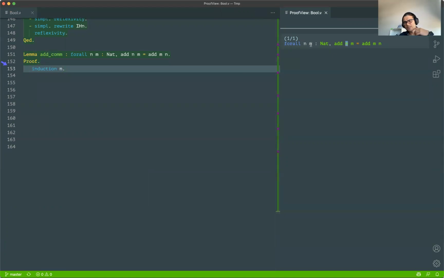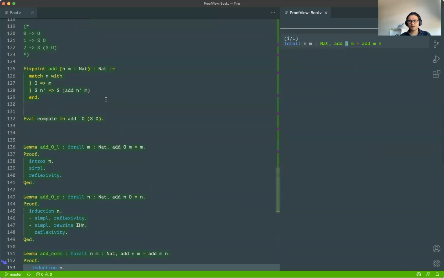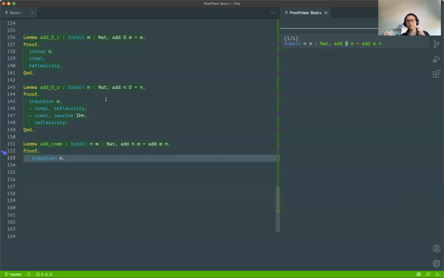Because I could have done induction on m, but I'm doing it on n just for convenience, because the add function is defined decreasing on the first argument here, but that's not a very genuine or valid argument. You could do it on m as well, because m is also appearing as a first argument. So you go and try doing that induction on m.